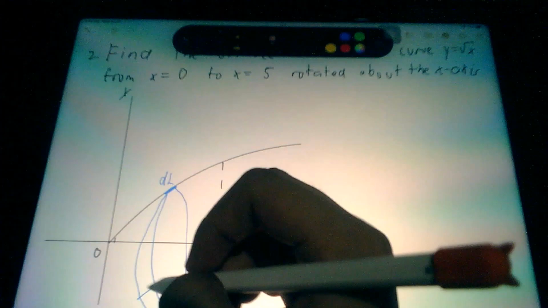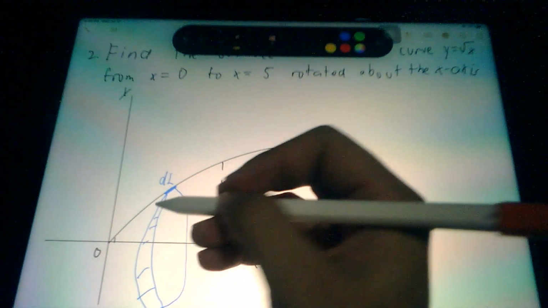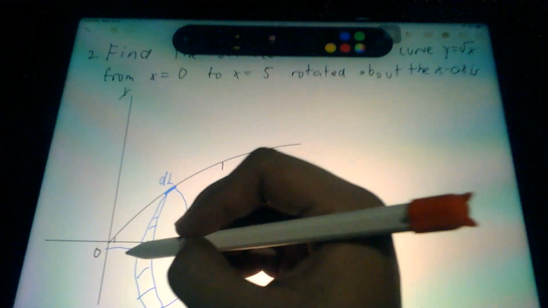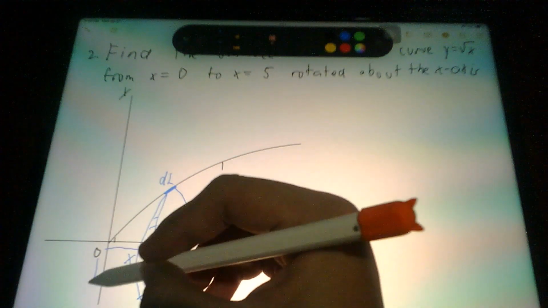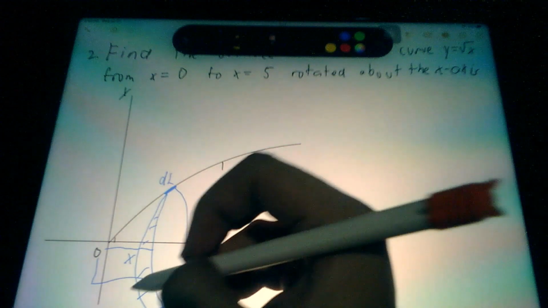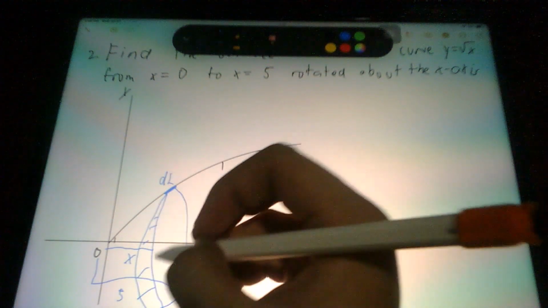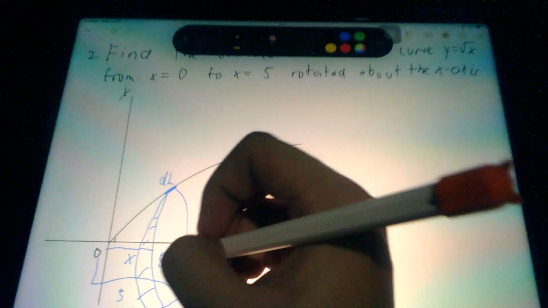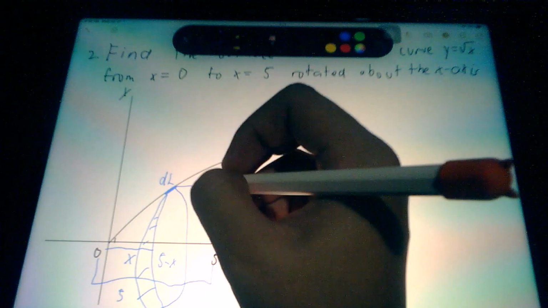Forgive my drawing here. So from this point here, this is our x, and from this point here is our 5, so the y of that is equal to 5 minus x, and this is our y.